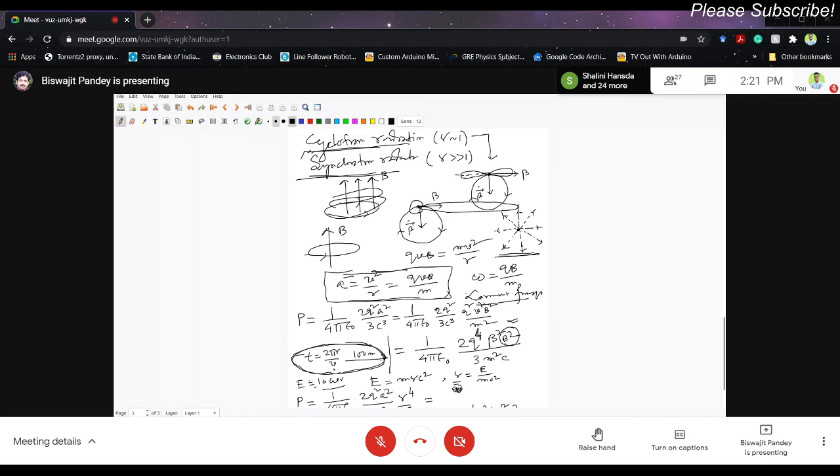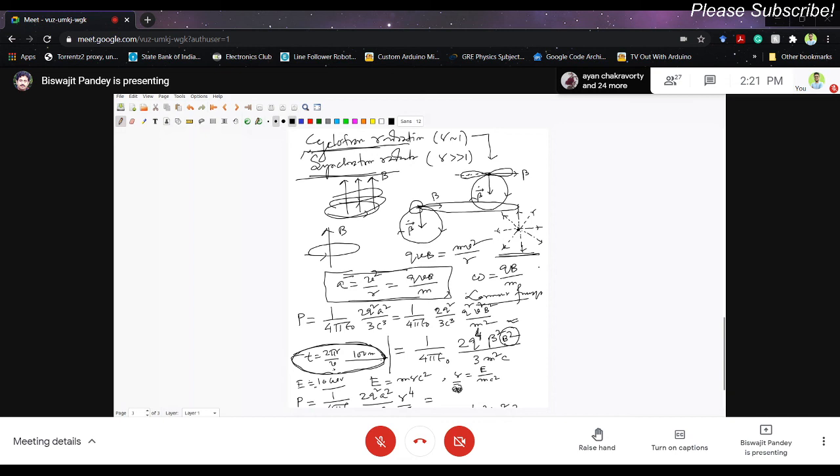Because of that, the power radiated will always be finite, because when you multiply by 4 pi r square, this r square term cancels out. If you have a point charge accelerating, you will always have some non-zero radiation coming out of that particle even at infinity.